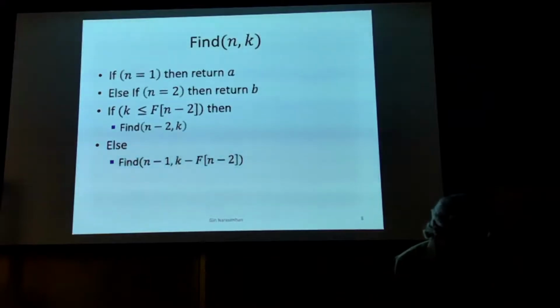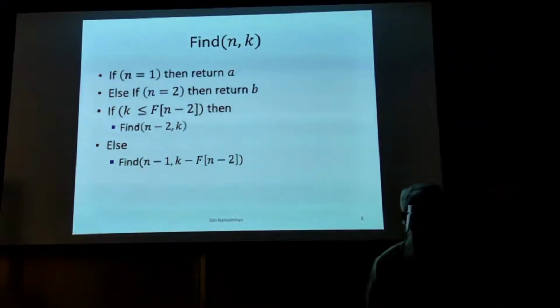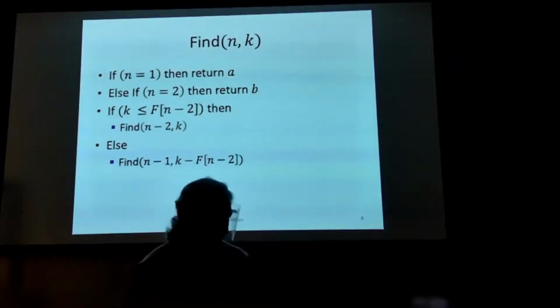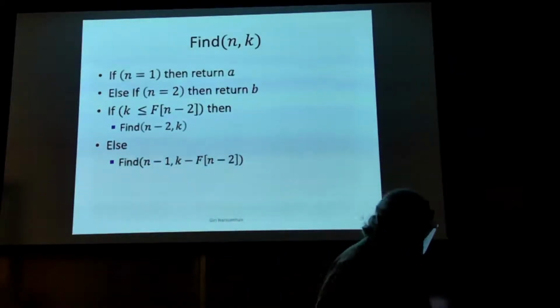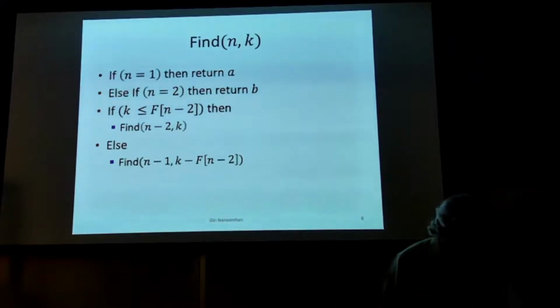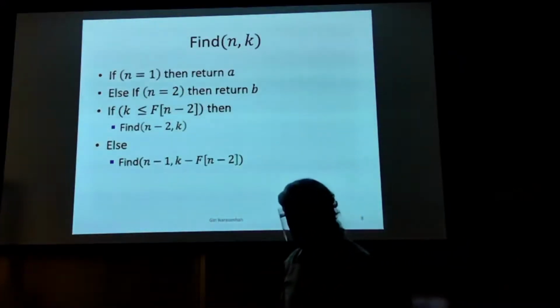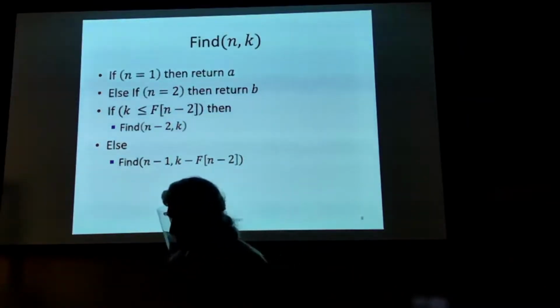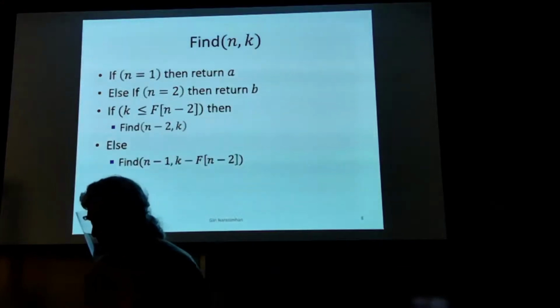Now comes the next key part, which is convincing ourselves that this was efficient. What's the deal here? We know that the nth Fibonacci number is exponential in n. Right? That's what we said earlier.